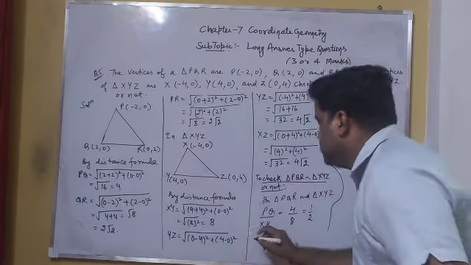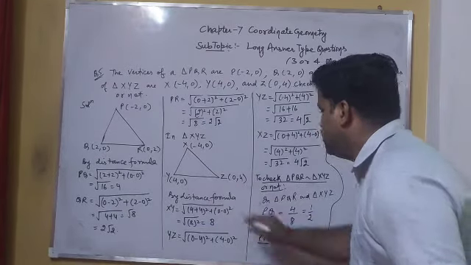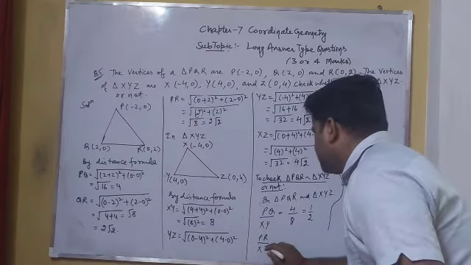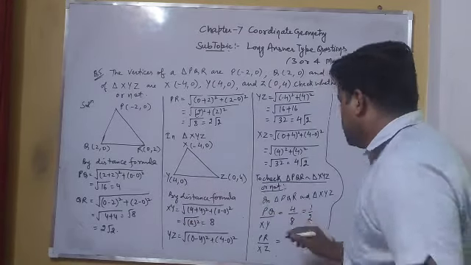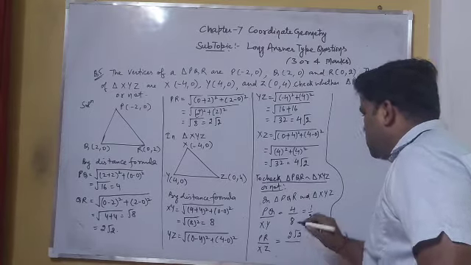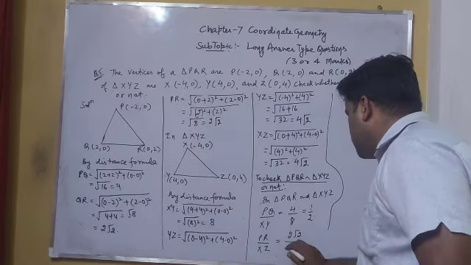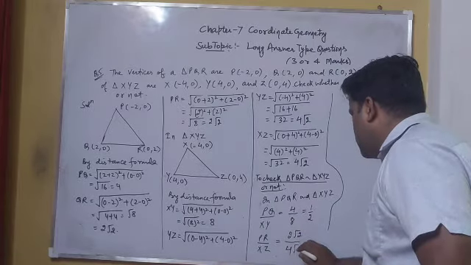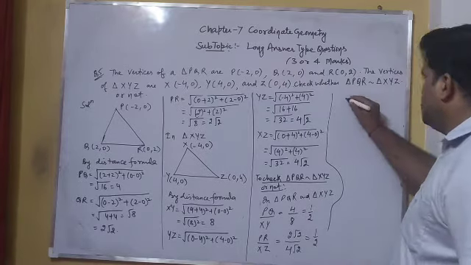Similarly the ratio PR upon XZ: here PR is 2 root 2 and the value of XZ is 4 root 2. On solving we get 1 upon 2.